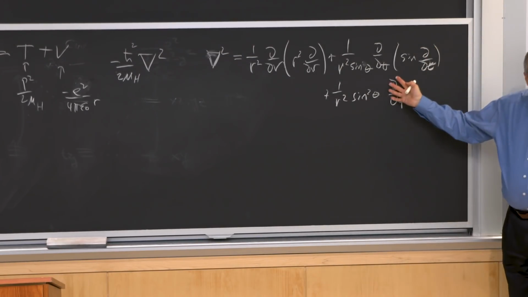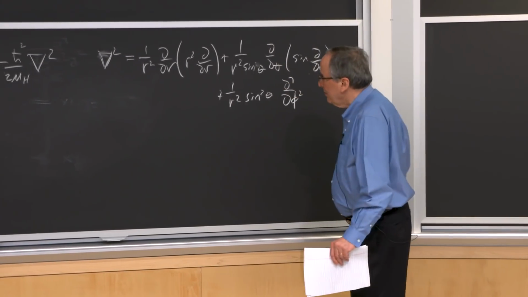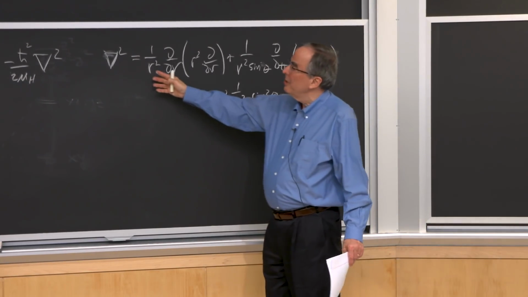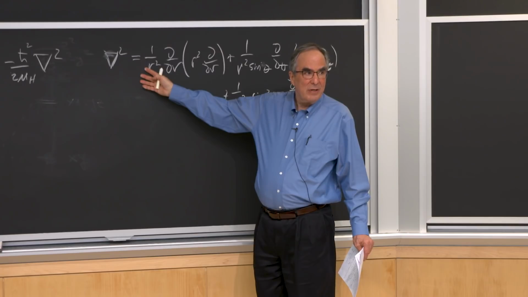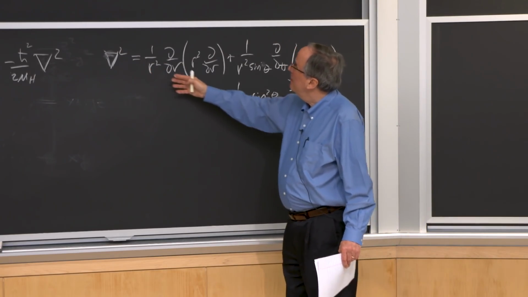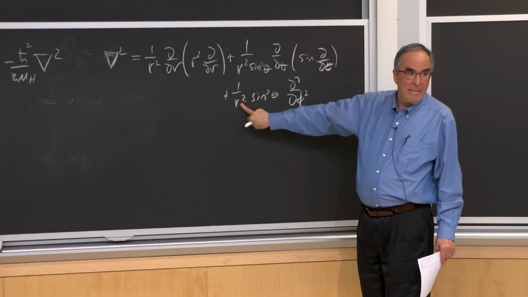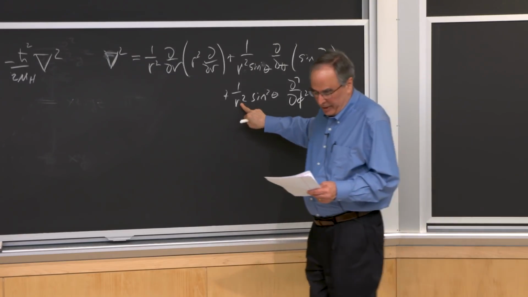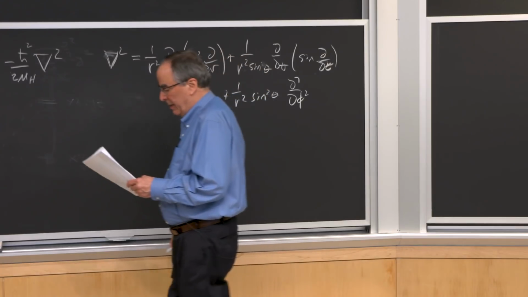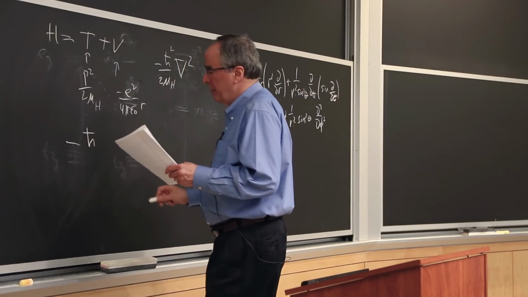Okay, this looks like a terrible thing to build on, but with a little bit of trickery, and that is, suppose we multiply this equation by r squared. Then we have killed the r squared terms here and here, and we're going to be able to separate it. And so we are able to write an equation which has the separability built in.